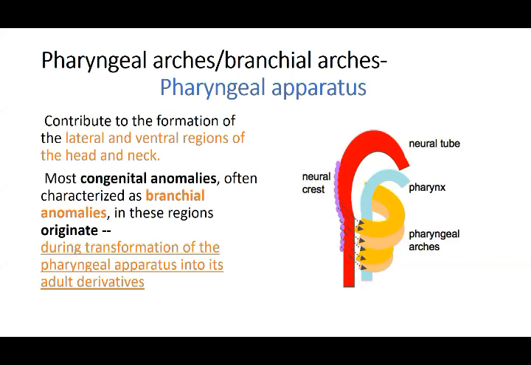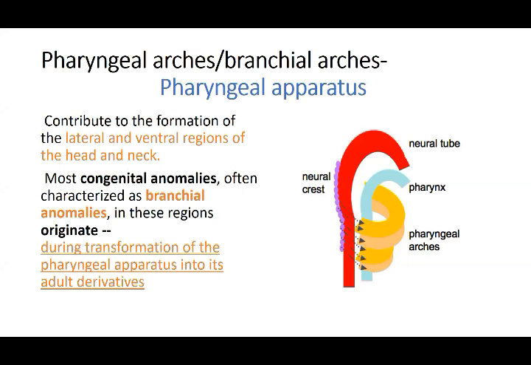Now, if you see this picture, this is just a diagrammatic picture which gives you an idea where we are talking about. If you recollect, we formed a neural tube in the upper portion, that is the ectodermal portion. Then we had the notochord, and then the part below that was the endodermal component.